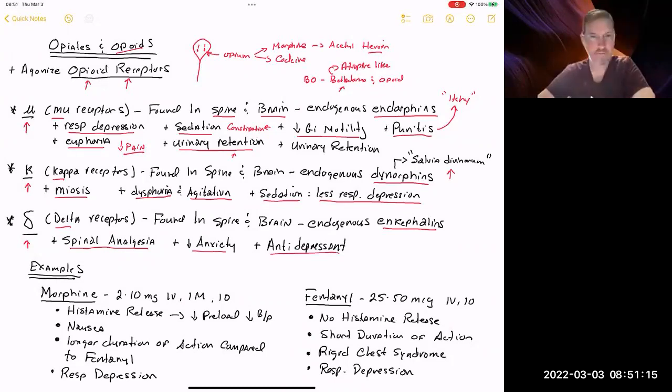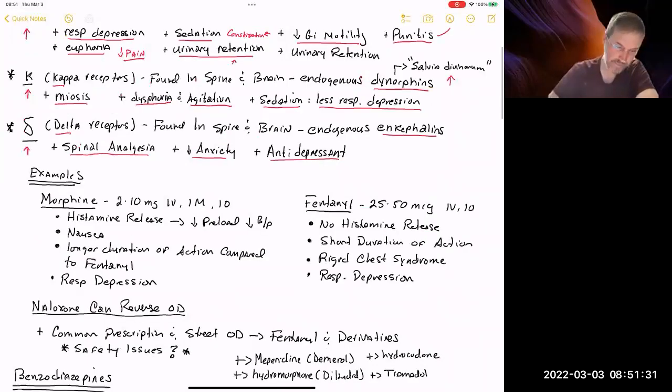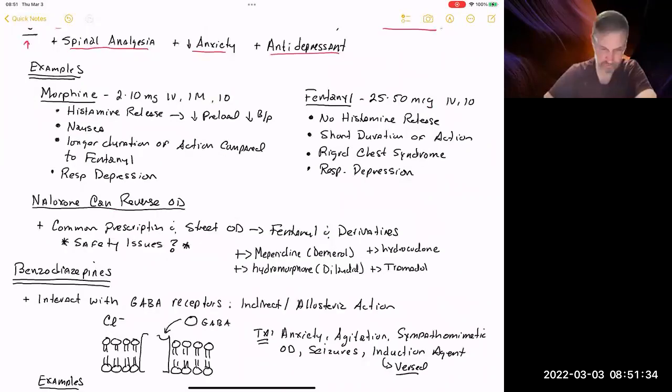All right, so those are three major receptors for opioids, the endogenous substances that bind to them, and the effects that we see. So now what I want to do is talk about some specific examples of common opioids that we run into. Morphine and fentanyl tend to be the two most common.